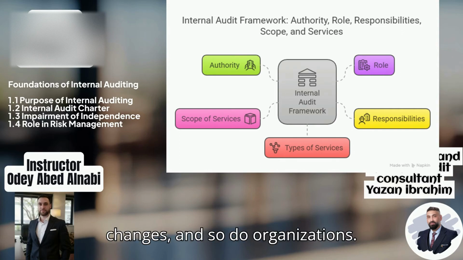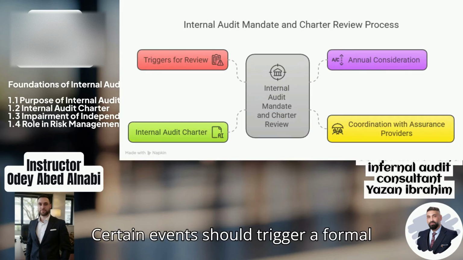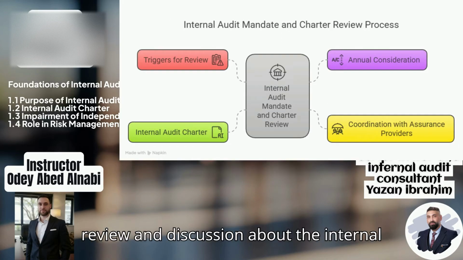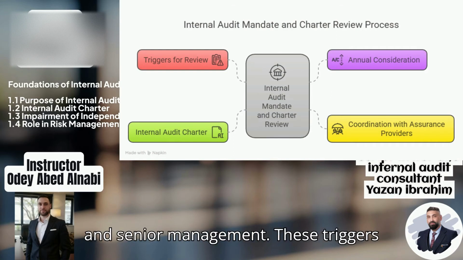Life changes, and so do organizations. Certain events should trigger a formal review and discussion about the internal audit mandate and charter with the board and senior management.